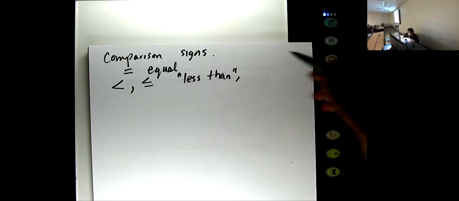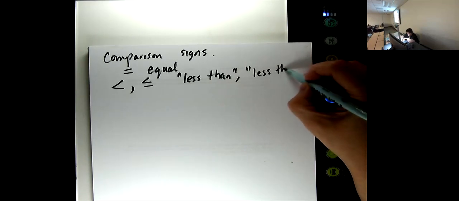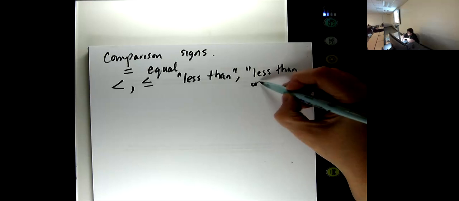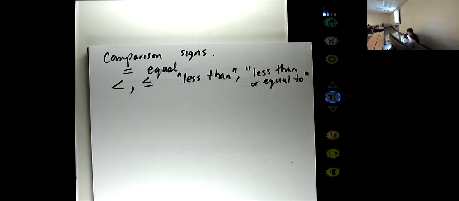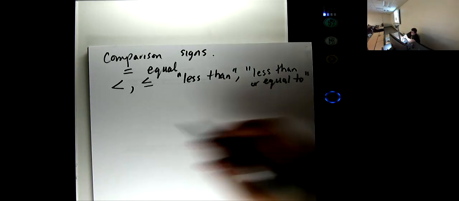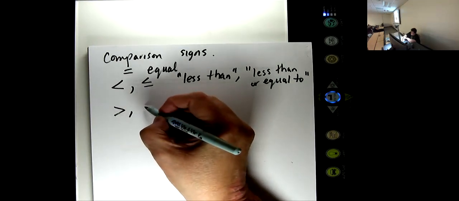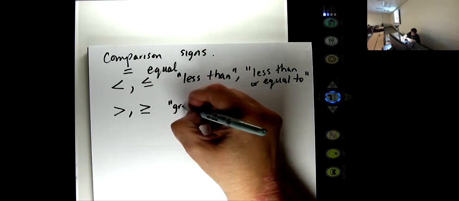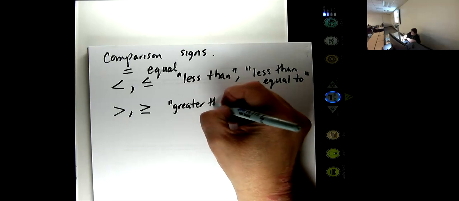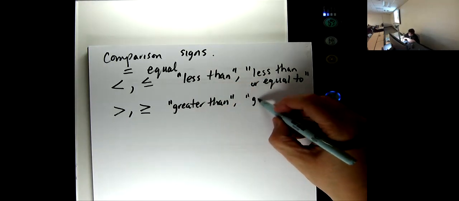And the second one is less than or equal to. We can also have ones where it looks like a mouth opening to the left. This is greater than. And then greater than or equal to.